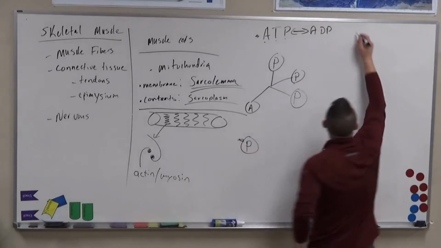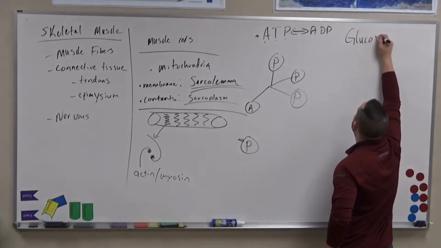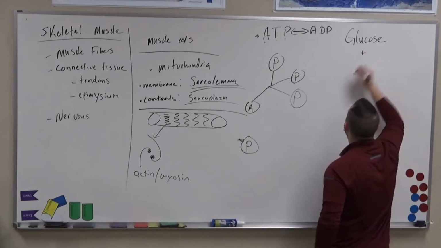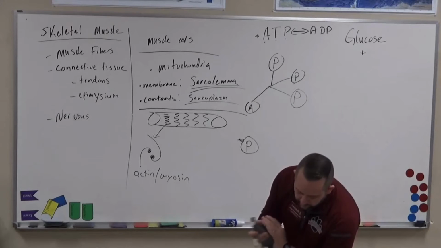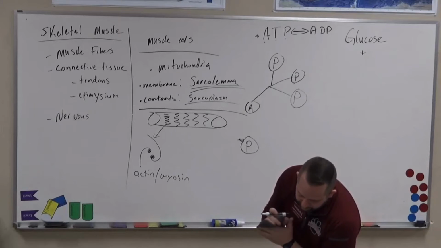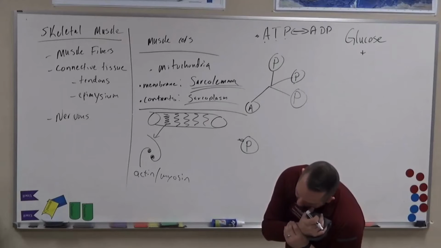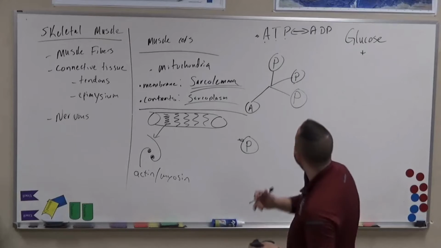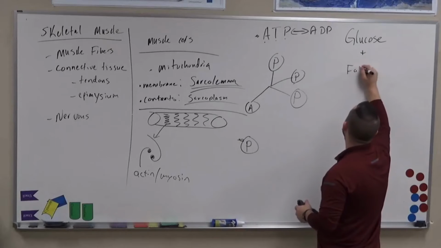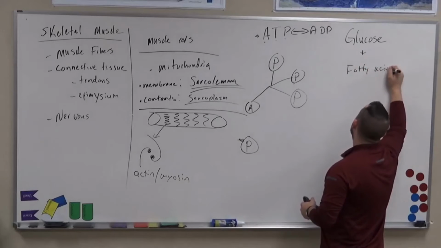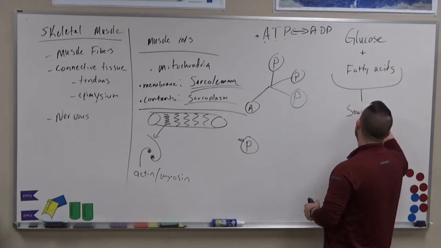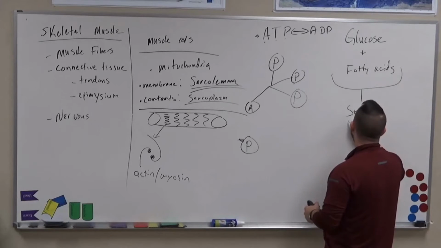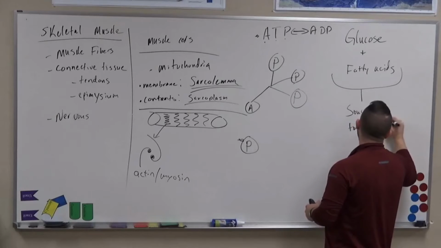We can take glucose and, sorry, I lost my train of thought here. Fatty acids, which are also sources to make ATP.